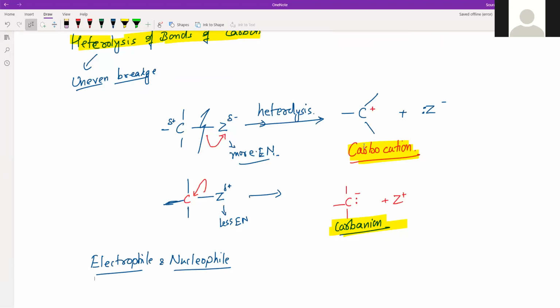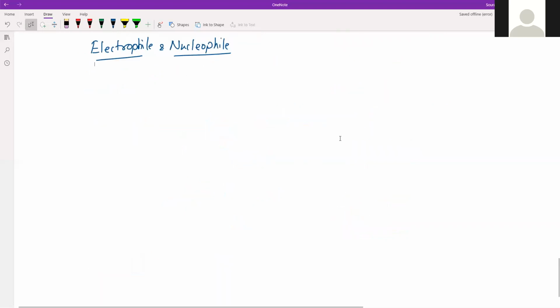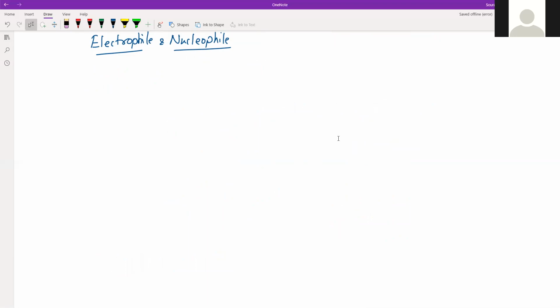Okay, so electrophiles and nucleophiles are two different types of reagents. Electrophiles are reagents that seek electrons, philia and phobia, so here both are philes. Electrophiles means those which want to go near electrons, or they want electrons to come to them. That is, love for electrons. So electrophiles are reagents that seek electrons, and nucleophiles will seek positive sites, or they will be trying to give out their own electrons.